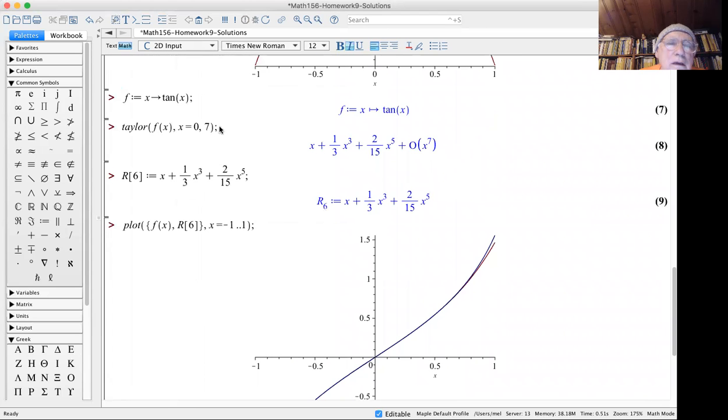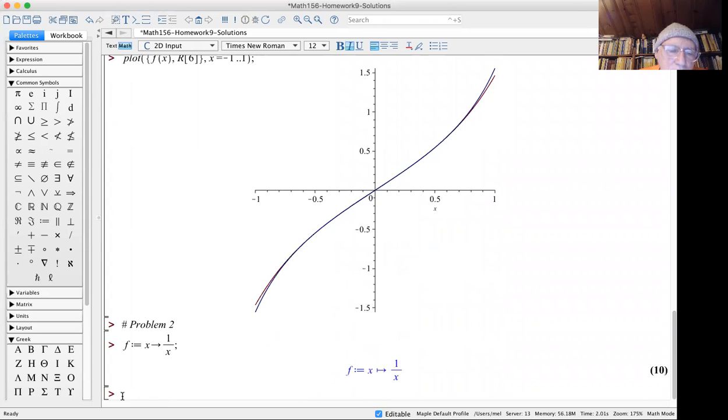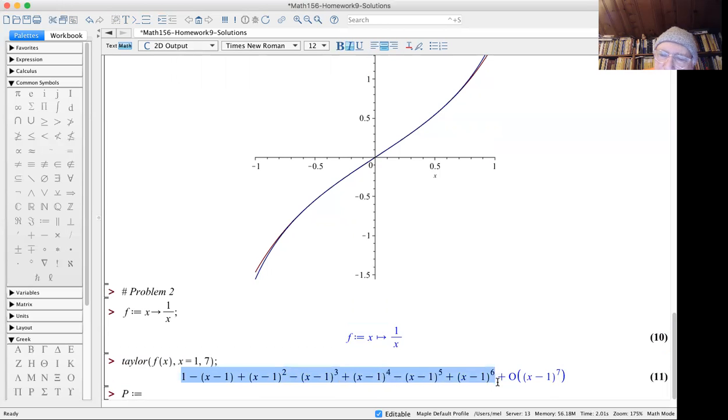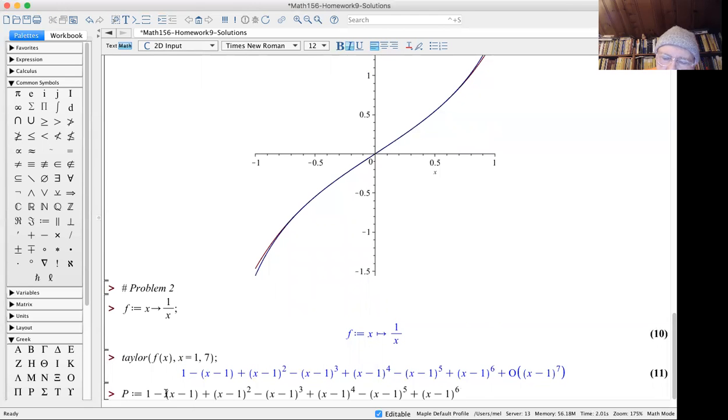And when we expand that around x equal 1, it looks like that. So let's just call it p. There's no reason to make it more complicated. The polynomial degree 6 is that.